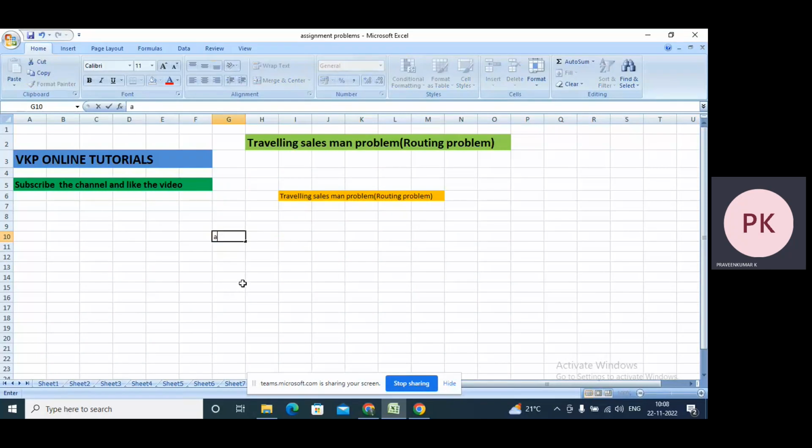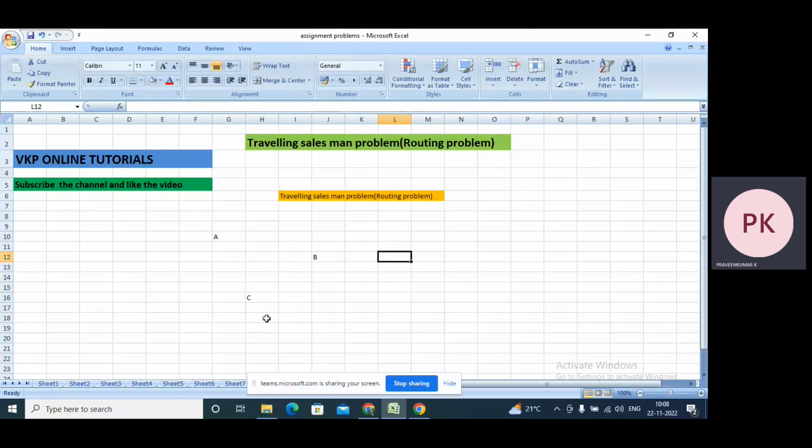Let us take this is my location A, this is location B, and let us take location C. There are three locations. Now a traveling salesman has to visit various cities.